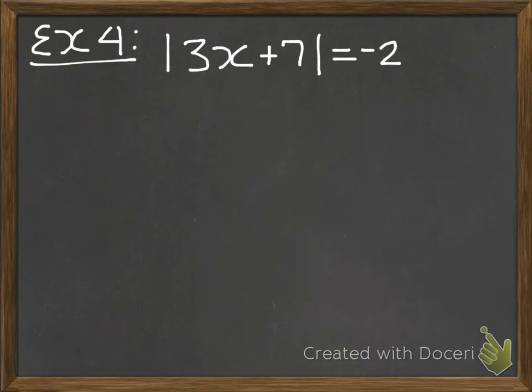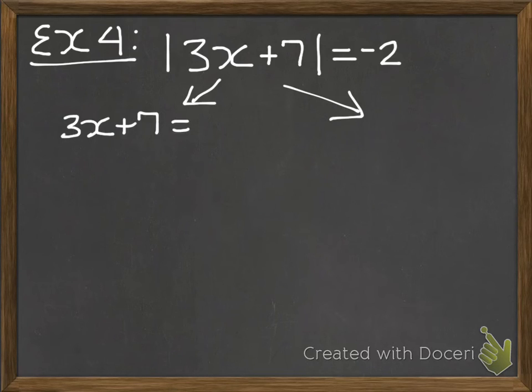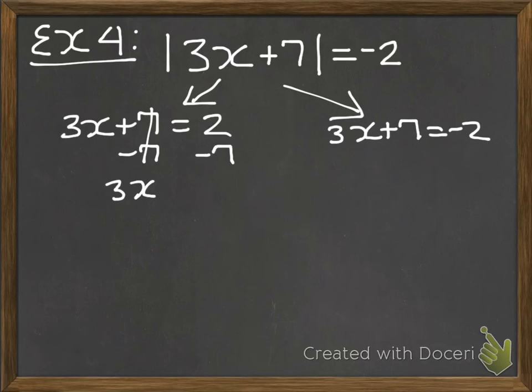So let's say we noticed, okay, we've got the absolute value isolated on the left side, and then my next step is to set what's inside the absolute value, 3x plus 7, we want to have it equal to the positive and have it equal to the negative. So if I went ahead and worked through this, subtracted 7 from both sides, I'd be left with 3x equals negative 5, divide by 3.